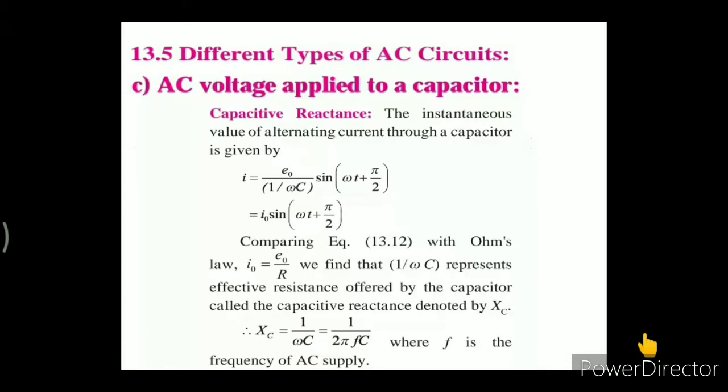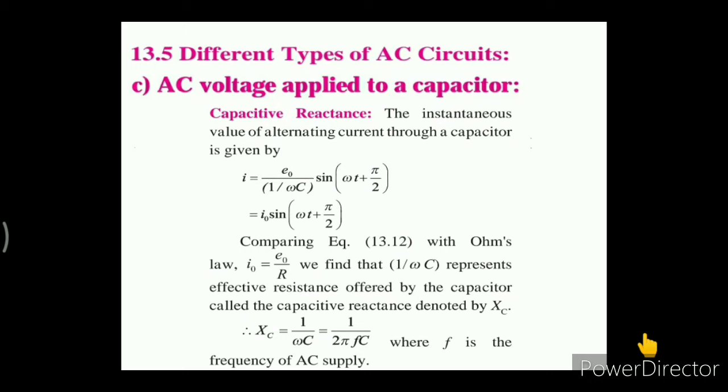Now let's see the capacitive reactance. So when the capacitor is connected across the AC supply, the opposition offered by the capacitor to the flow of an alternating current is called capacitive reactance, and here we are denoting it by the symbol Xc.